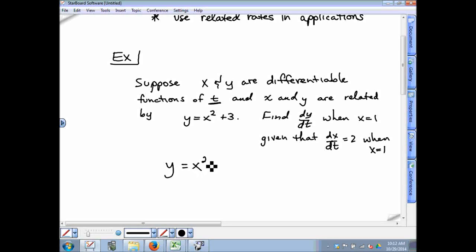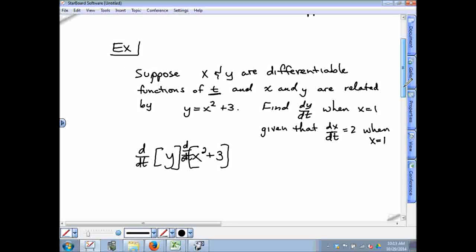So this equation, y equals x squared plus 3, we need to take the derivative with respect to t. That now means that both of these are implicit differentiation. x now has to be differentiated using implicit, because we're not taking the derivative with respect to x, it's with respect to t.